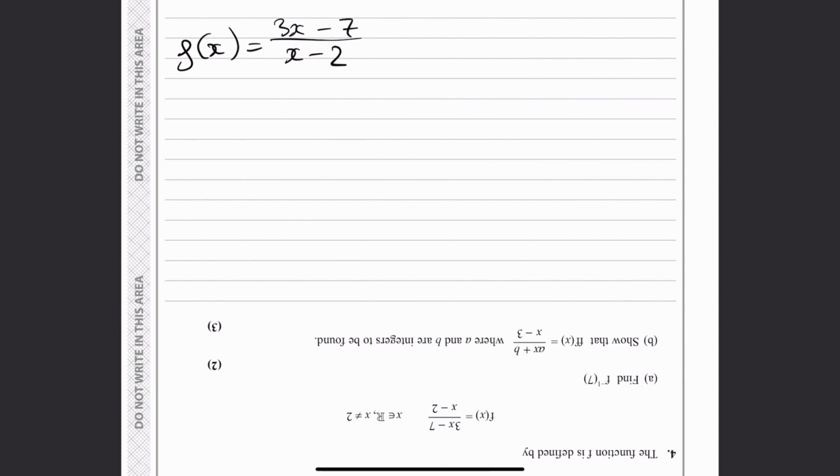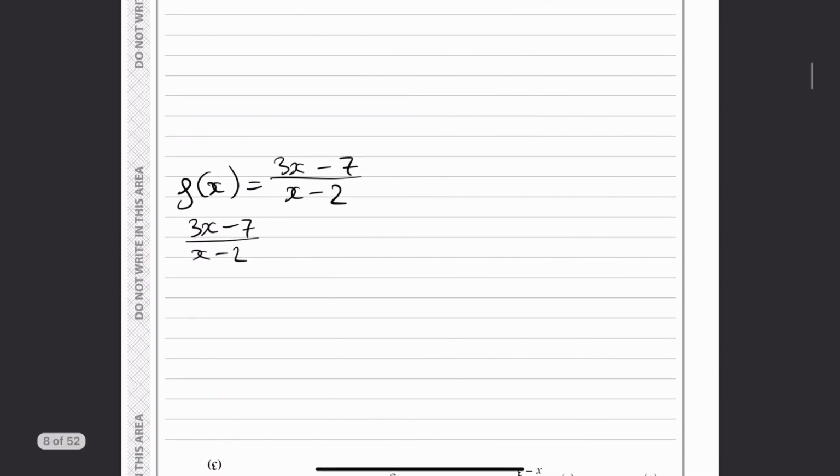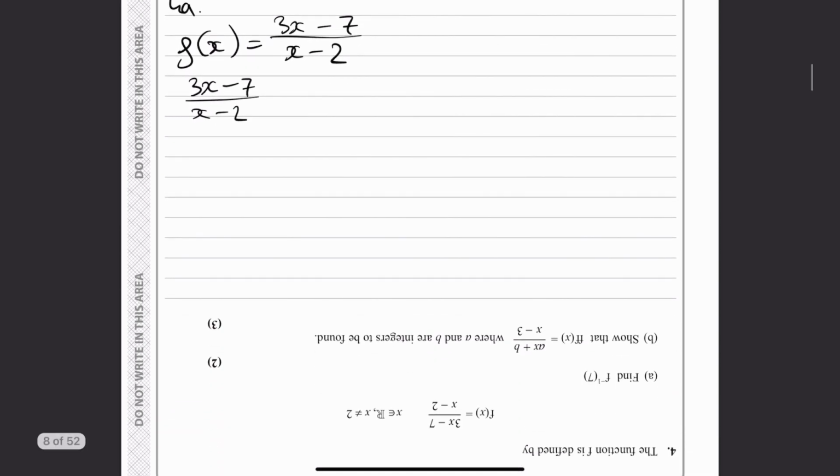What this is saying is find what value of x is going to give you 7. So I can actually just solve this without having to find the inverse. So let's label this 4a. And we want to find what value of x gives us 7. So pretty easy. Let's just cross multiply. 3x minus 7 equals 7 times (x minus 2), and x is equal to 7 over 4.